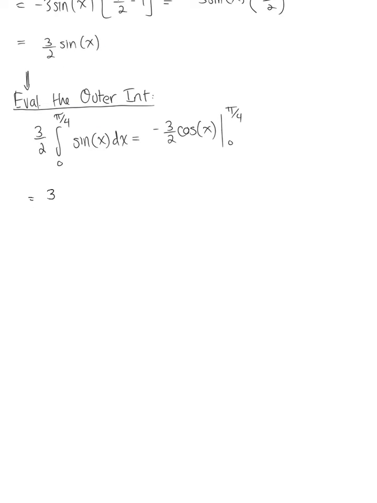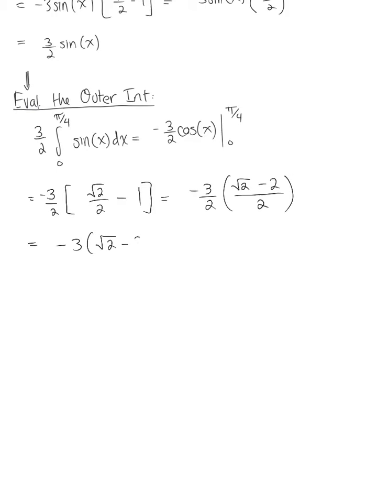So we have minus 3/2 multiplied by the square root of 2 minus 1. And we can simplify this a little bit further. We could rewrite this as minus 3/2 multiplied by the square root of 2 minus 2 all over 2 by getting that common denominator. So we are left here with minus 3 times the square root of 2 minus 2 all by 4.